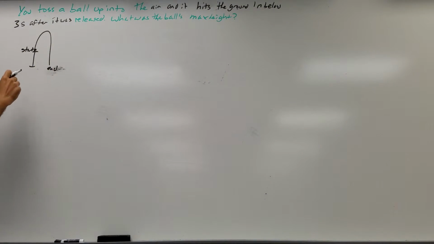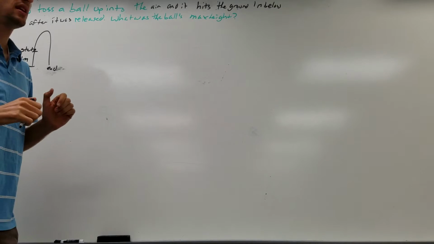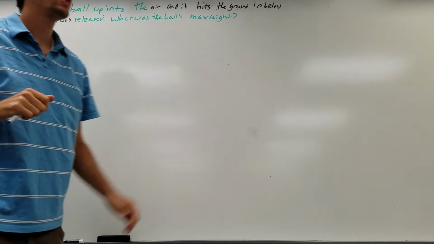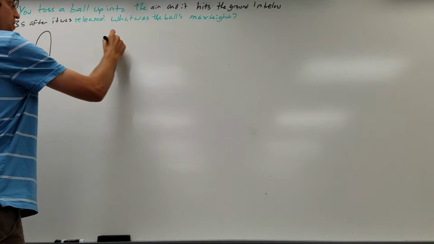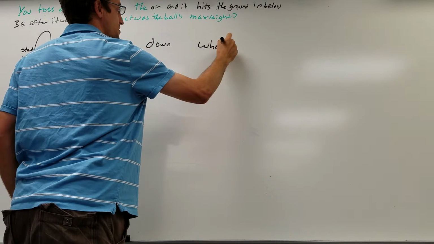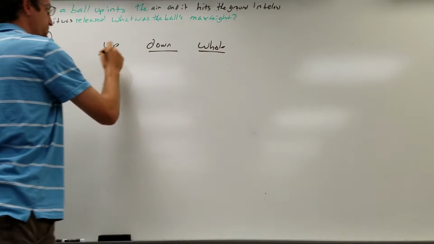So this right here is 1 meter, and it's the start and the end. Now this is not symmetric. Oops, there's the bell. So I'm in a hustle here. But we can still break it into parts. There's up, down. In this case, we're also going to consider the overall, the whole path.